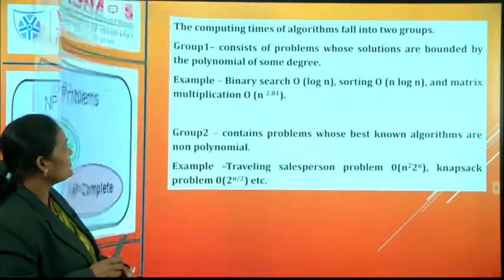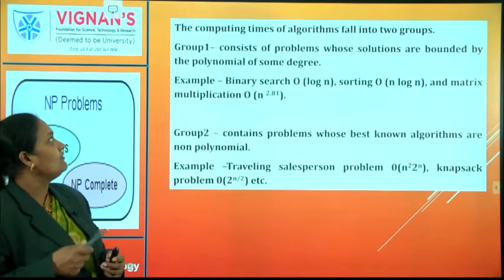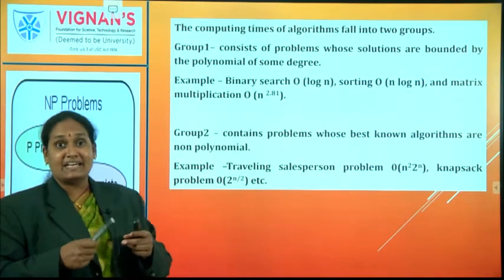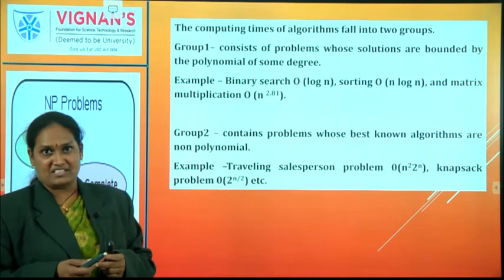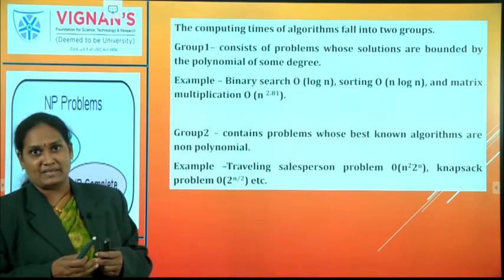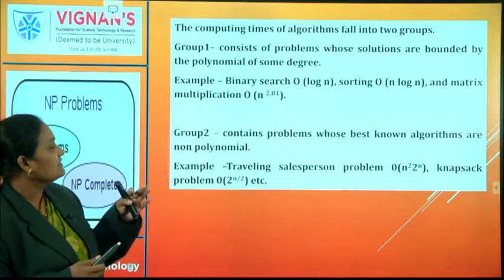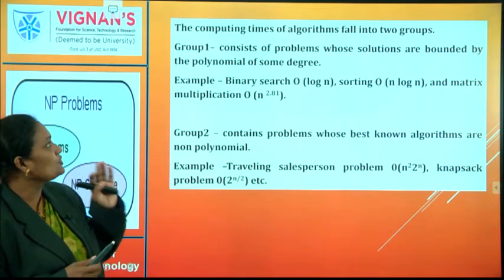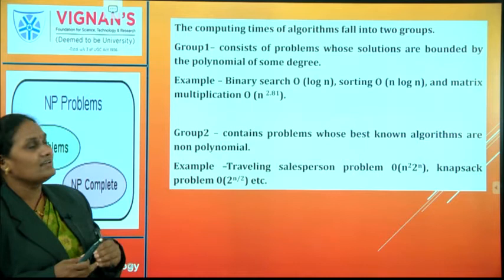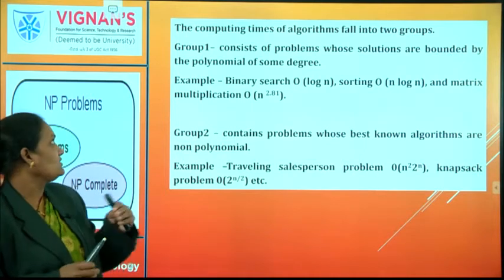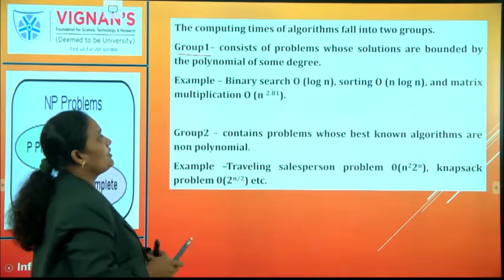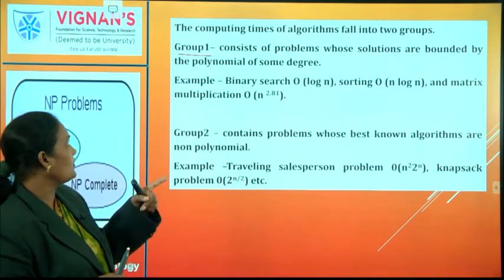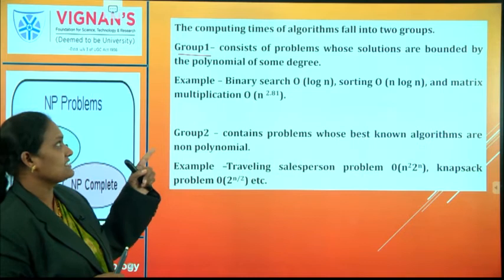Coming to the next one, what about various algorithms based on their computational time, or their time complexity. Here we can divide the algorithms into two groups based on their computational times. What are those two groups? First group consists of problems whose solutions are bounded by a polynomial of some degree.